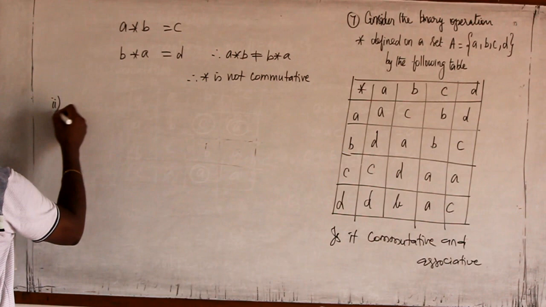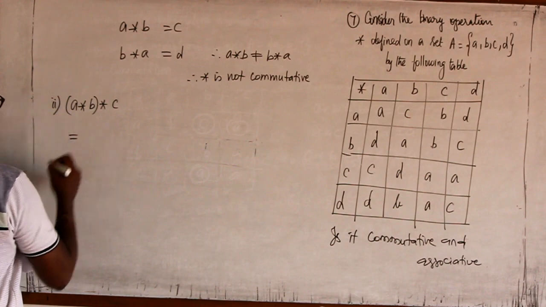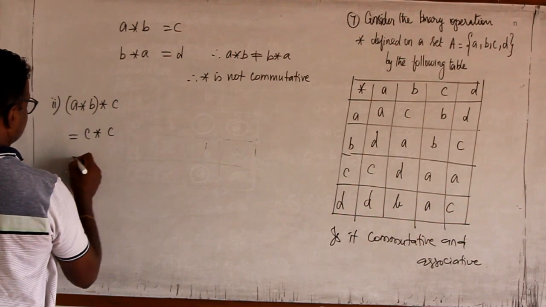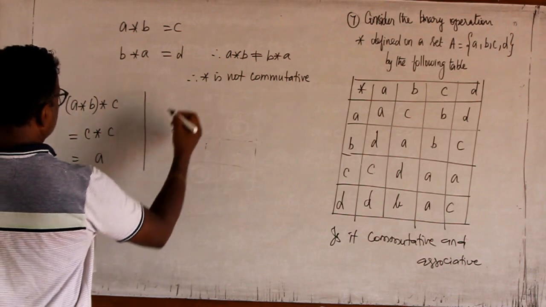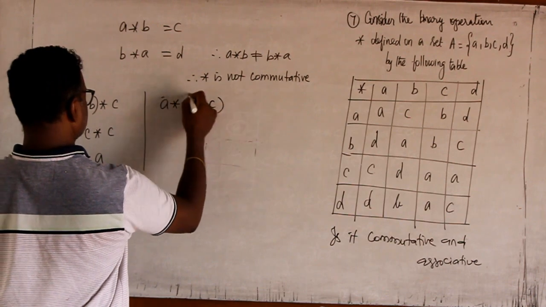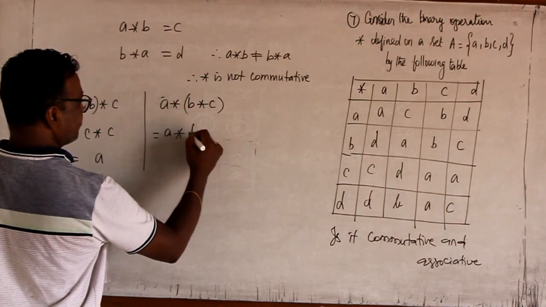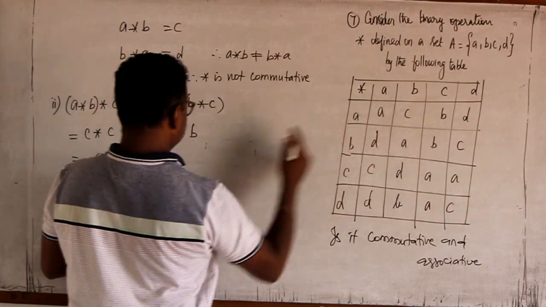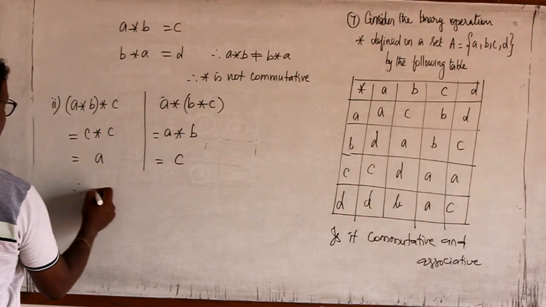Now, second one, let me check A star B star C. That is A star B is C, star C. C star C is A. Now similarly, let me change the bracket, that is B star C. It is A star, B star C is B. Now A star B is C. Therefore, see, they are not equal.